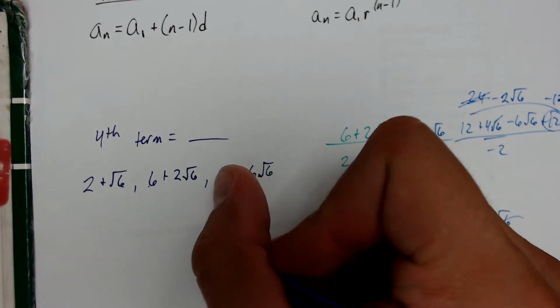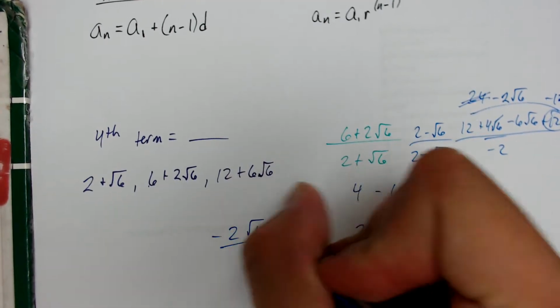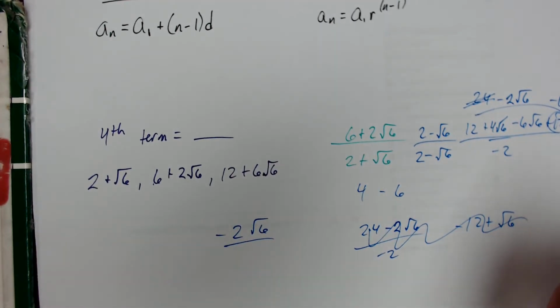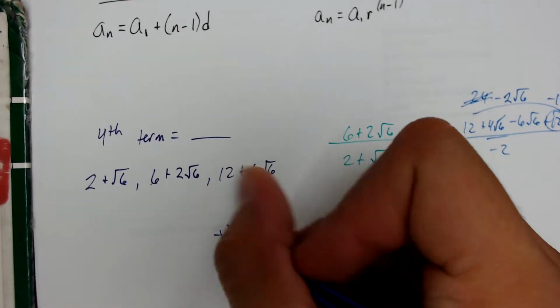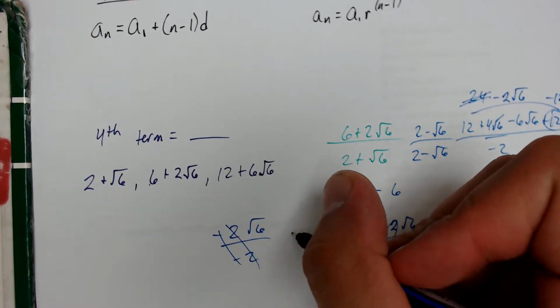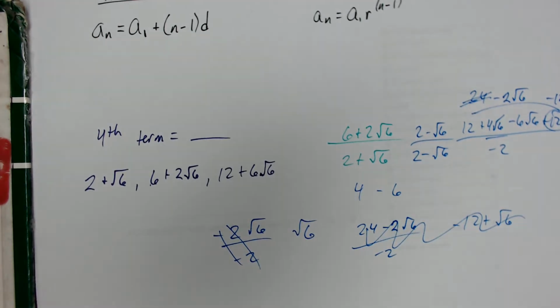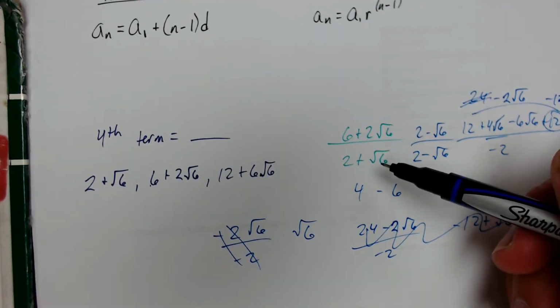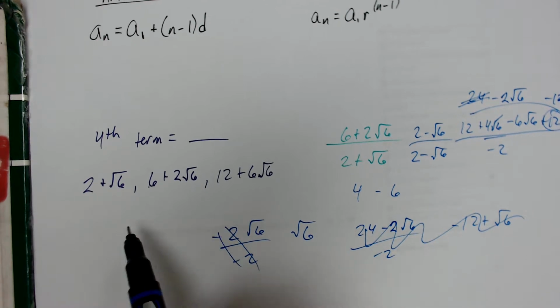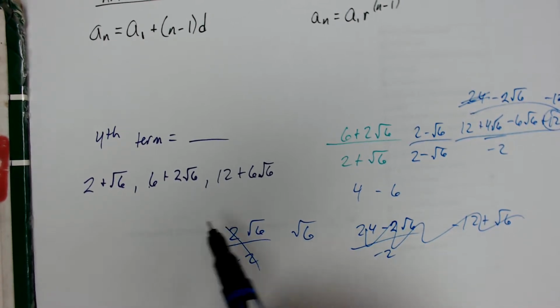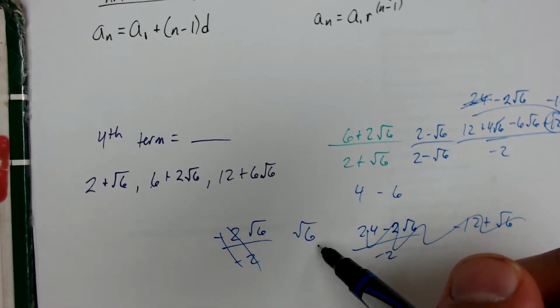So this simplifies to negative 2 root 6 over negative 2, which just cancels and becomes root 6. Once I take two adjacent terms and divide them by each other, all I have to do is multiply the next term by this number.